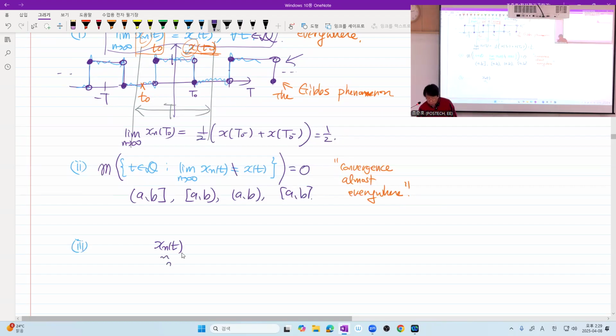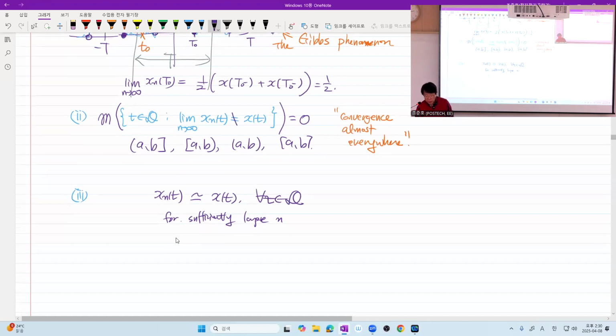That is what you want, right? So for sufficiently large n, we want to say something like this, right? As an engineer or scientist, what would be important? There could be many different definitions, but people have devised an interesting definition, and it's very simple.